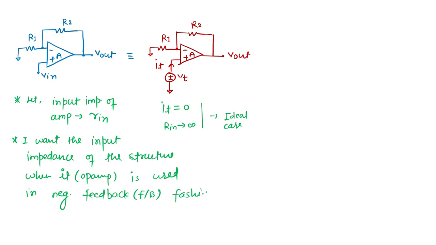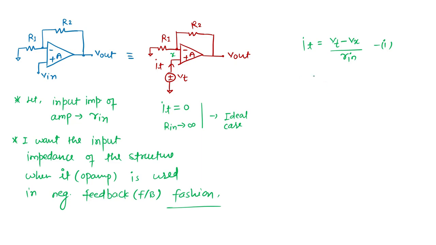In that case we'll simply calculate. Why am I considering rn to be finite? You can see it here. Let me call this node x. So what should be the It then? It is nothing but Vt minus Vx by rn. So this is one equation that I want to have.